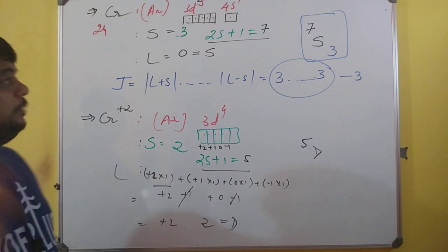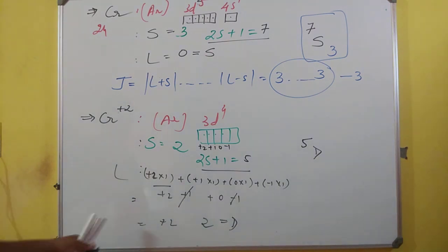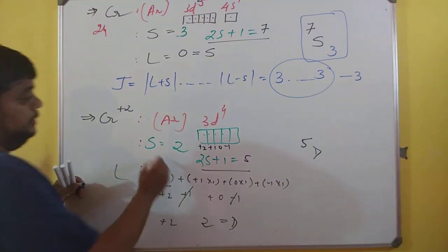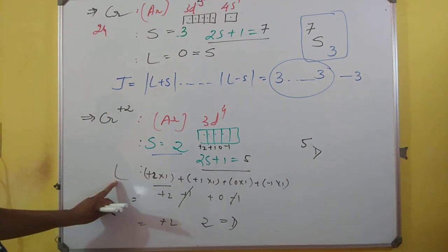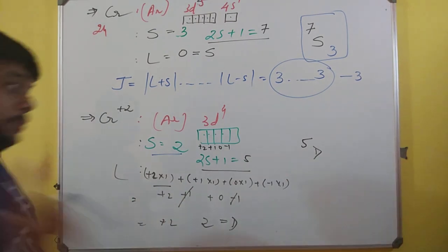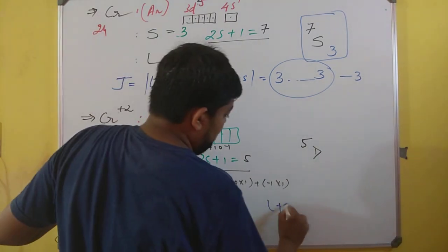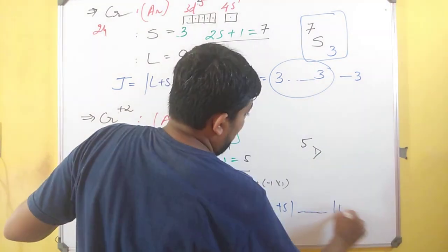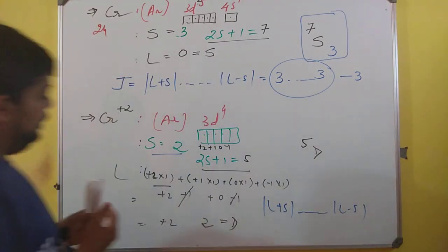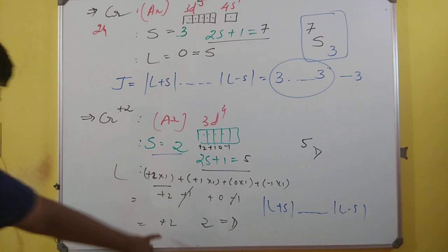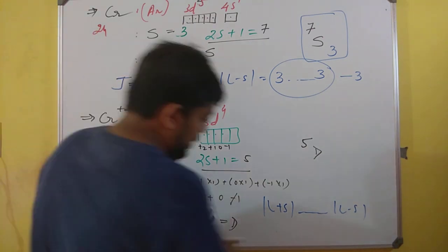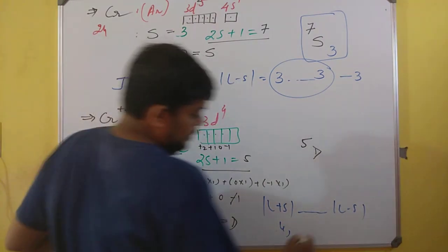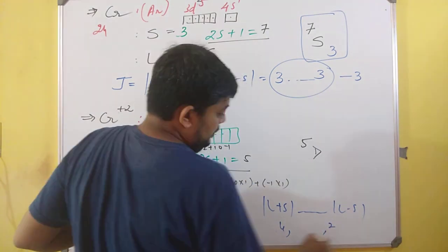Now be very sure. Over here the value of S is 2 and the value of L also is 2. So L plus S, L minus S. Whenever I say L plus S, it is 2 plus 2, I'll end up with 4. L minus S, I'll end up with 2 and 3.